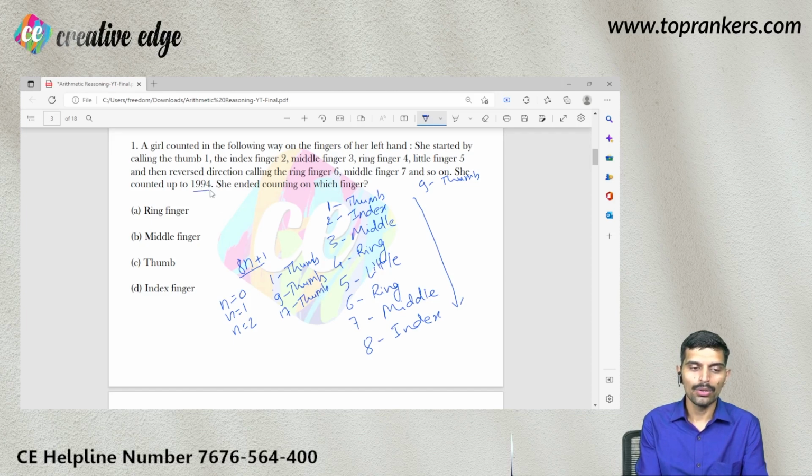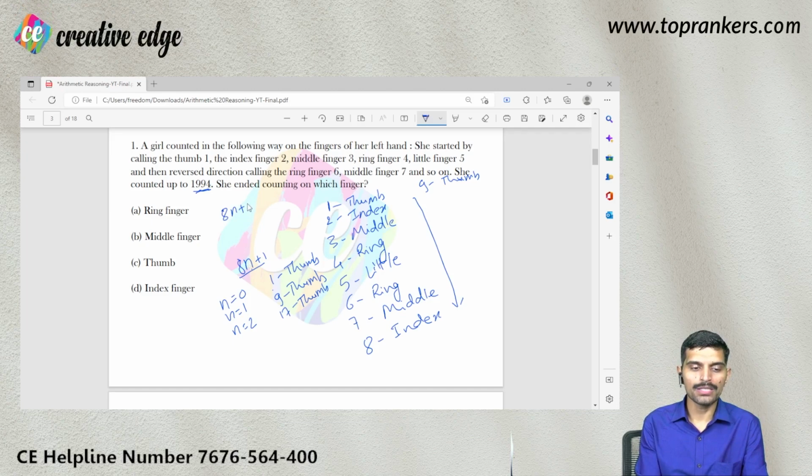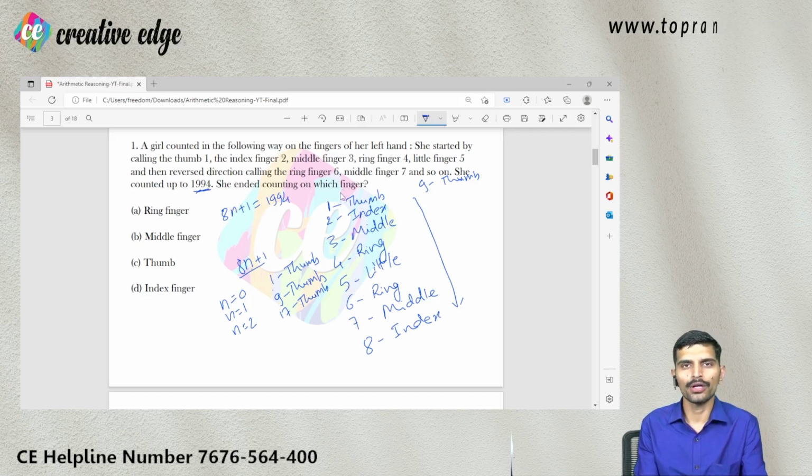So now try to fit 1994 with this 8n plus 1 part. So 8n plus 1 equals 1994. Right now, I don't know whether it will be exactly correct or not, but let us try to reach as close to this as possible, so that for the remaining part, we can count which finger should be the right answer.